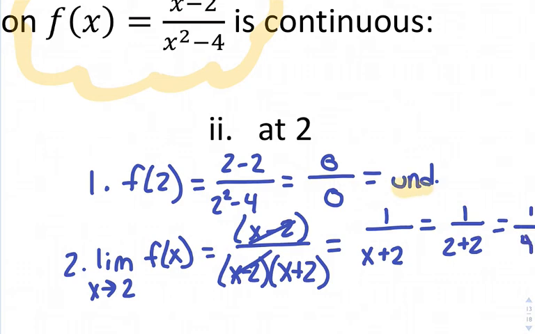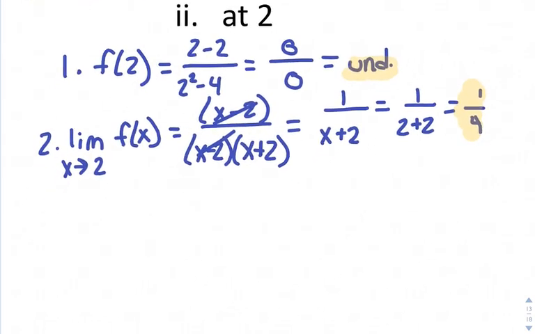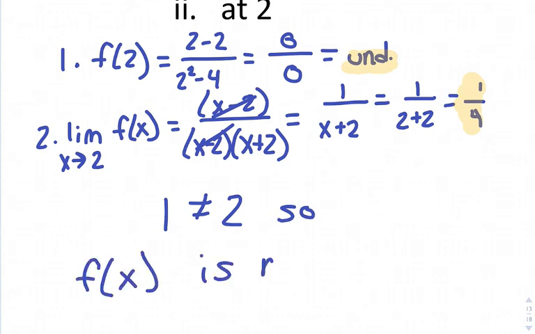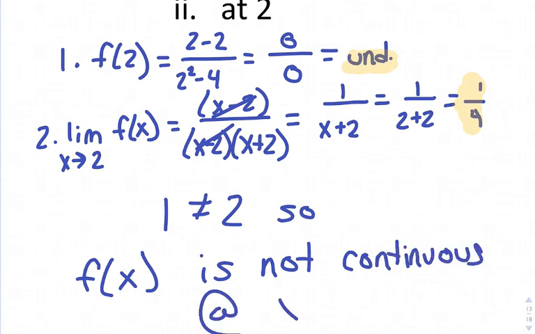So again, notice how condition 1 and condition 2 are not the same thing. I get undefined and 1/4. So my conditions are not equal. So f of x is not continuous at x equals 2.